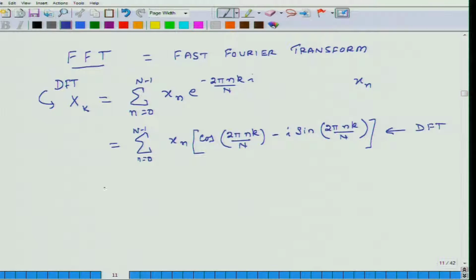In this function, we have N outputs. What are those N outputs? X_0, X_1, up to X_{N-1}.